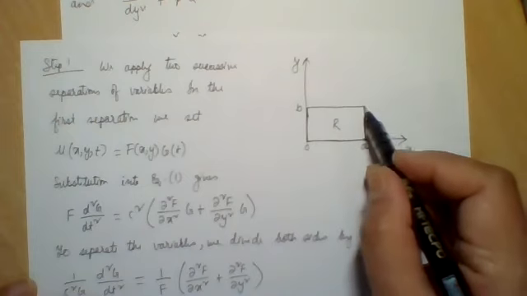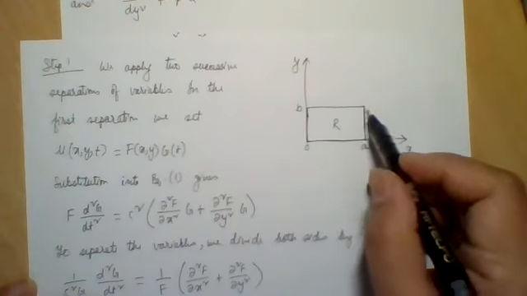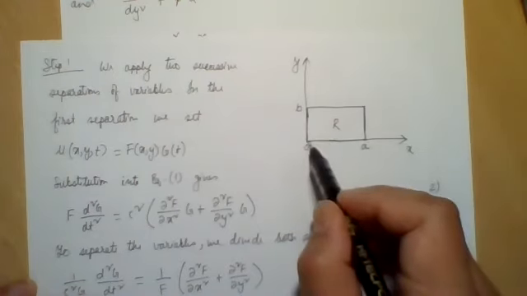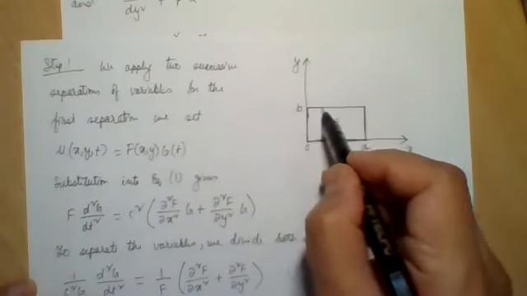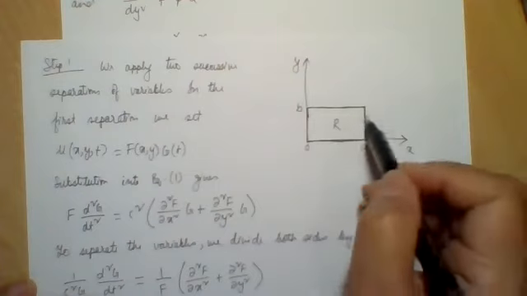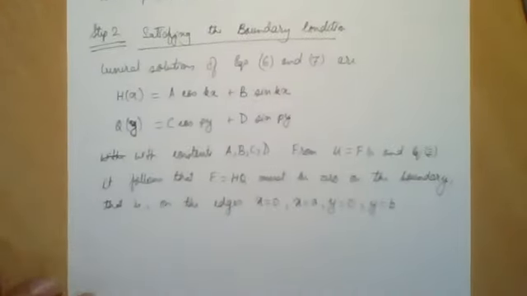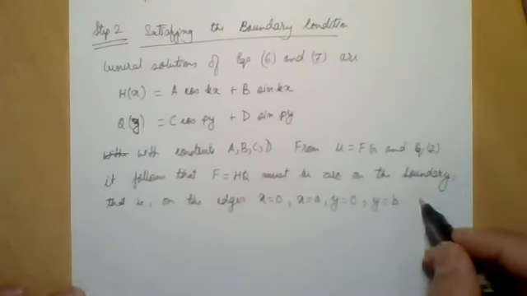So the membrane is also fixed along this edge, so the displacement here is also 0. Similarly, the displacement is also 0 along the edge y equal to 0, and along the edge y equal to b. So along the 4 edges of the rectangle, the membrane is fixed, so the displacement is 0 along these 4 edges.